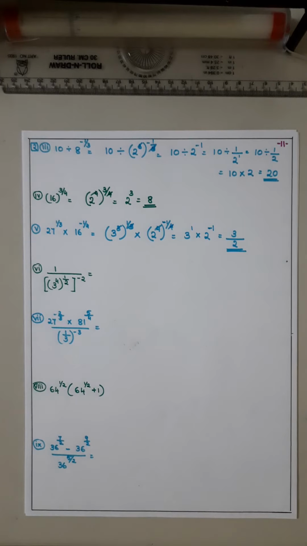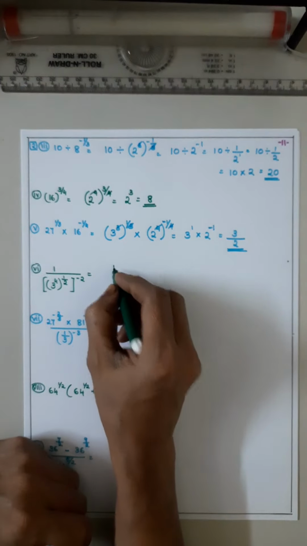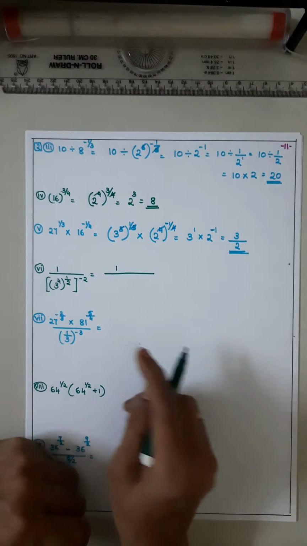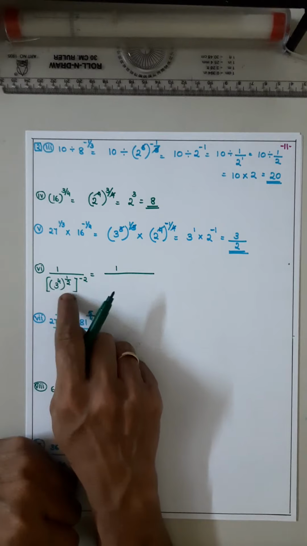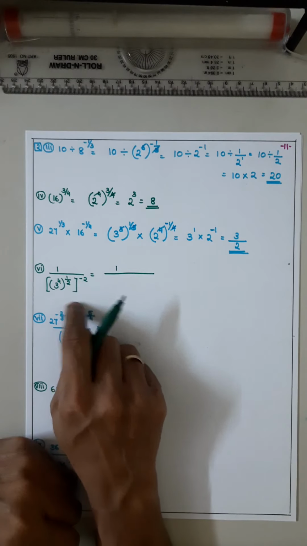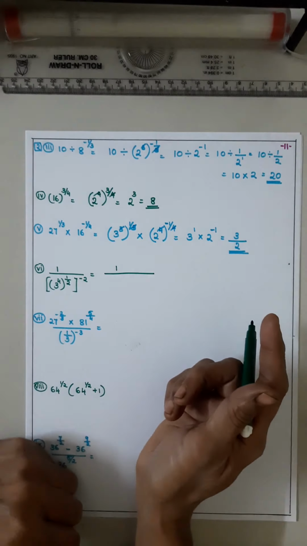Hope everyone is understanding. Now coming to the sixth sum, it is 1 upon 3 to the power 4, the whole power 1 by 2, the whole power minus 1 by minus 2.